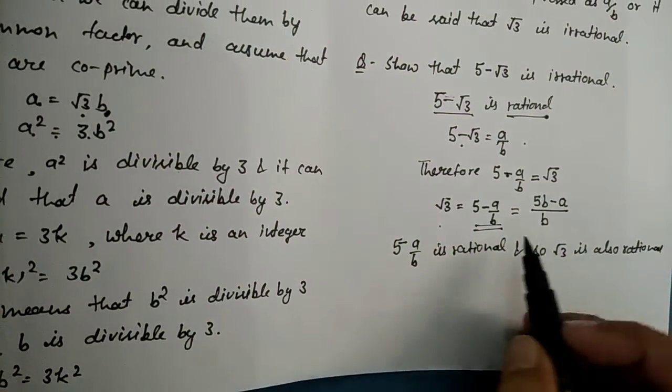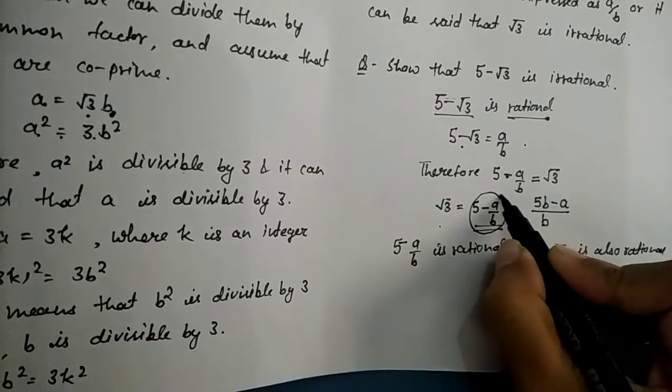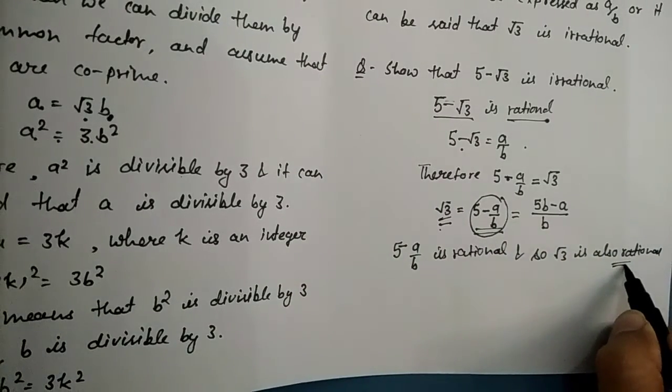That is, if the right hand side is rational, root 3 will also be rational.